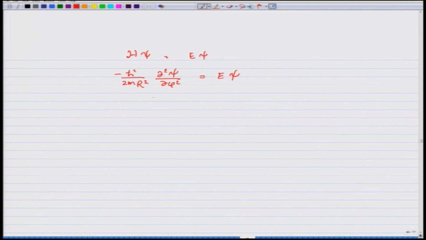So, I am going to have d 2 psi over d phi square plus 2 m r square over h cross square E psi equals 0. So, the solution is going to be psi equals e raised to i square root of 2 m r square over h cross square E times phi.